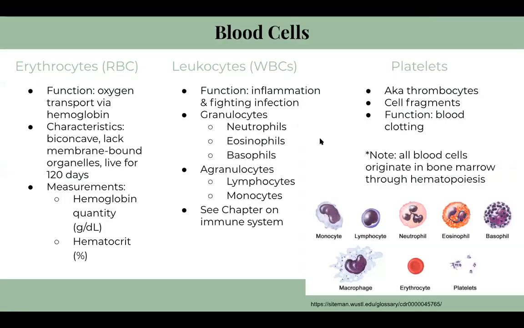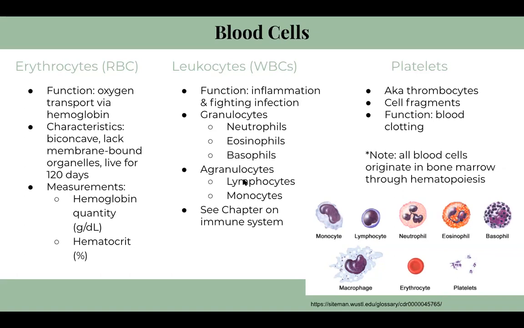To go a little bit more into the cellular component of blood, these are the different types of red blood cells, and their function is primarily oxygen transport, and they do this via hemoglobin. The important characteristics to know about red blood cells is that they're biconcave, which just refers to the shape of them.